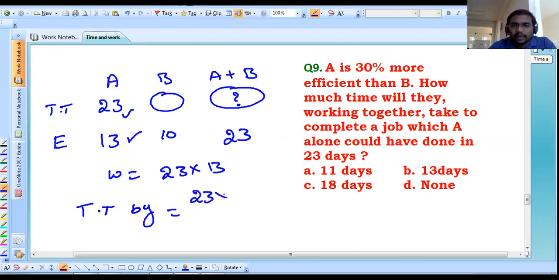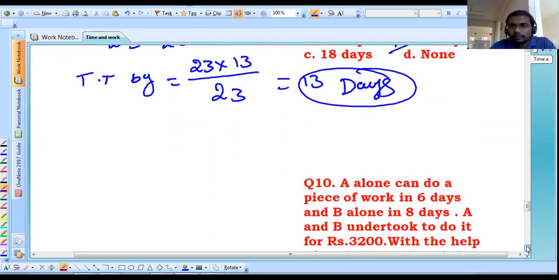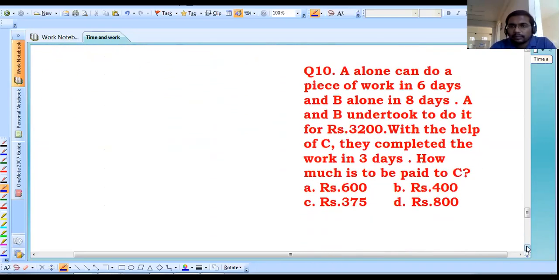Work is 23 into 13, divided by efficiency, which is 23. Then answer is 13 days. Answer is B for the previous question.